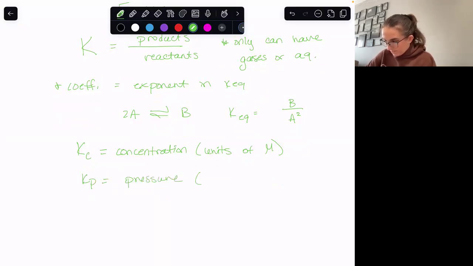So you want atm or pressure units. Right, so KP is strictly for pressures, KC is for concentrations, right? So if you're given moles and also the liter container that it's in, you need to switch to molarity first in order to figure out what KC is.